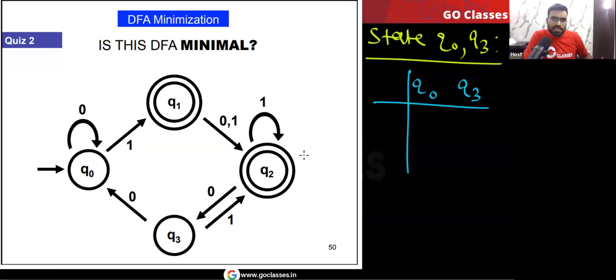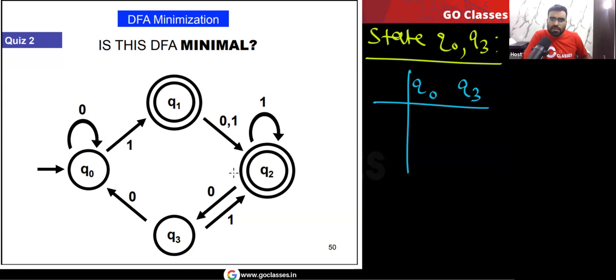Here you can easily see which string will distinguish them. Is there any string which will distinguish them? A student is saying 0, 1. See, Q3 on 0, 1 goes to final and Q0 on 0, 1 goes to final.